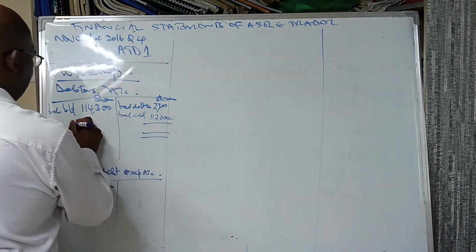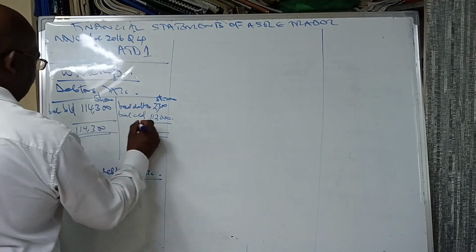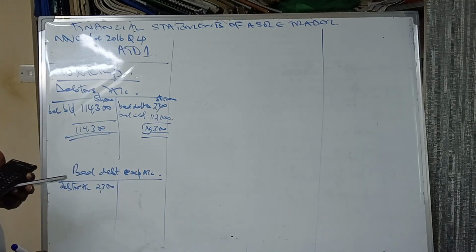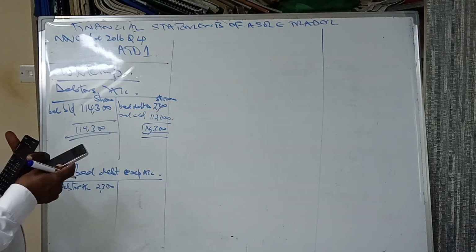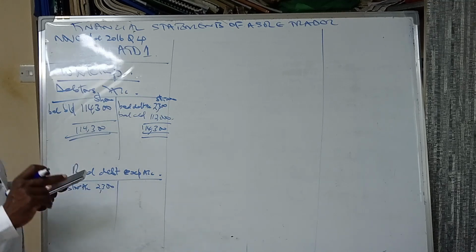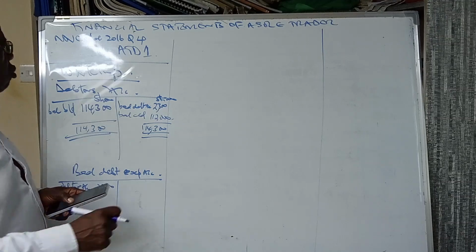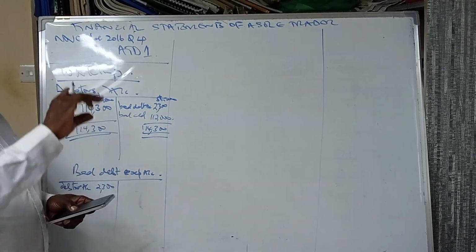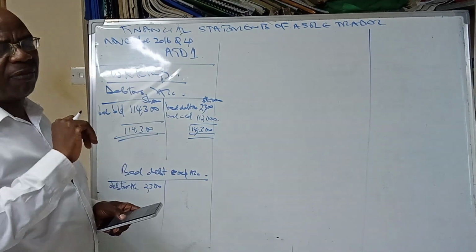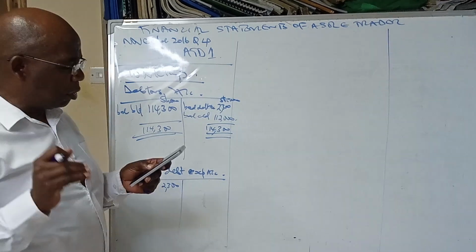Now we are told that out of these remaining debtors of 112,000, we are providing for doubtful debts amounting to 2%. You must always know, before providing for doubtful debts, you must subtract bad debts. You get your debtors, subtract bad debts, and it is after you get the net debtors that you apply the rate for doubtful debts.